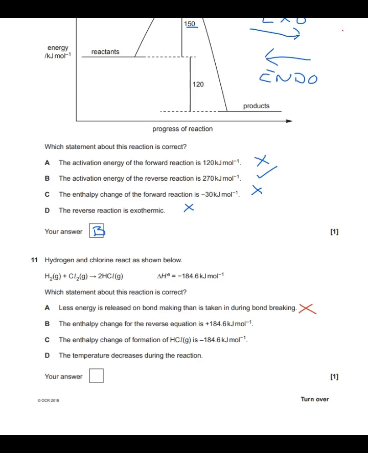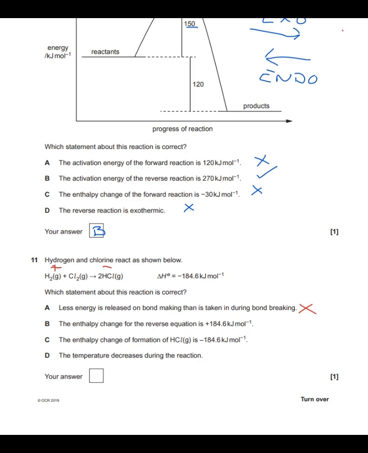That one is false, because the energy released on bond making has a negative value, and the energy taken in to break bonds in the reactants is positive. If less energy is released, then this number is going to be smaller than the energy required to break these. Therefore, we'd have a positive value at the end, which we don't. So we know that more energy is released when the bonds in HCl are made.